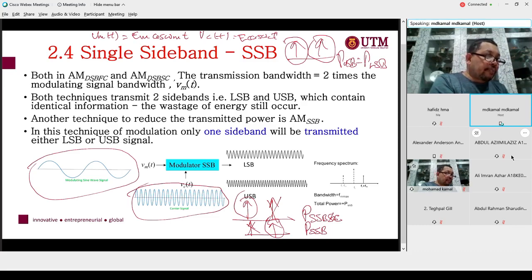With a multiplier, you just multiply it like a modulator, so you multiply VMT with VCT.